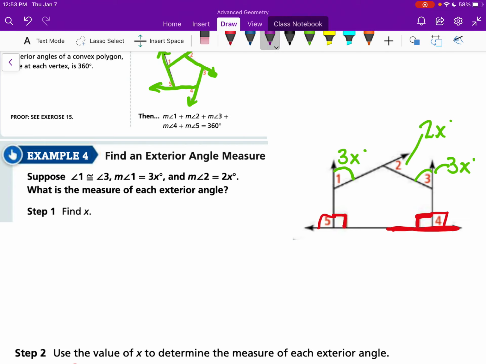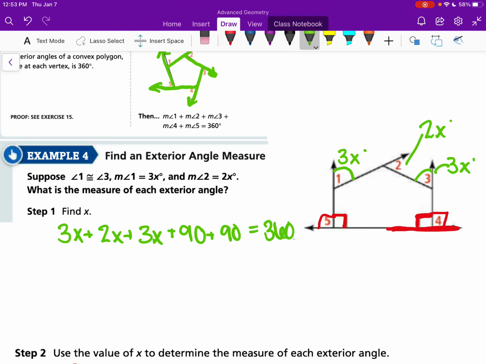So if we're really adding these up, we know that we have angles 1, 2, and 3. So we have 3x plus 2x plus 3x. And then 4 and 5 are both 90. Plus 90 plus 90 has to equal 360. Amazing.